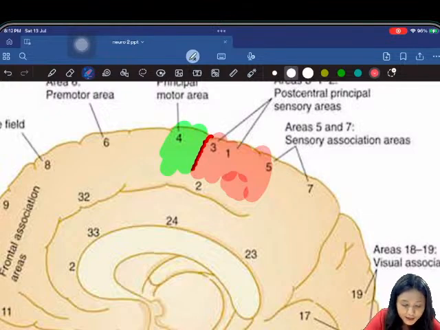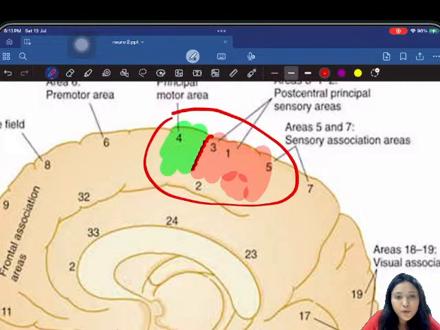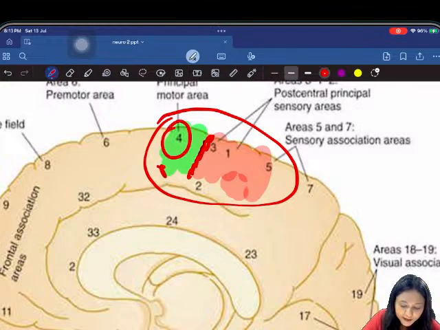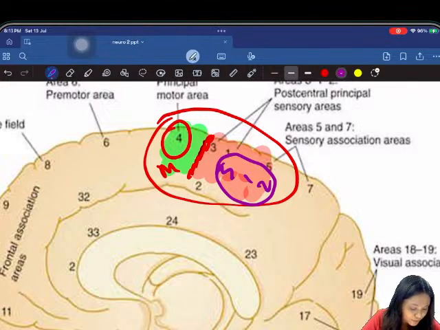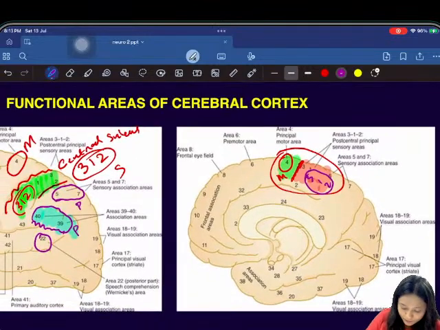This area consists of both the motor and the sensory area. In front of the central sulcus, area number 4 in the medial surface is the motor part, and behind the central sulcus, area number 3, 1, 2 in the medial surface is the somatosensory part, and this entire lobule is for your micturition and defecation.